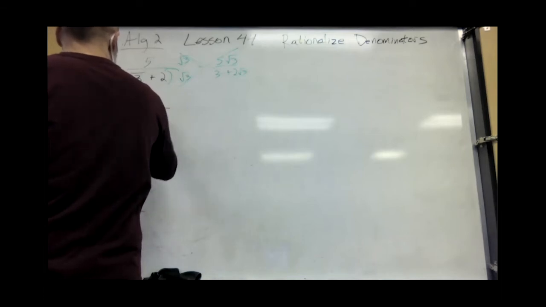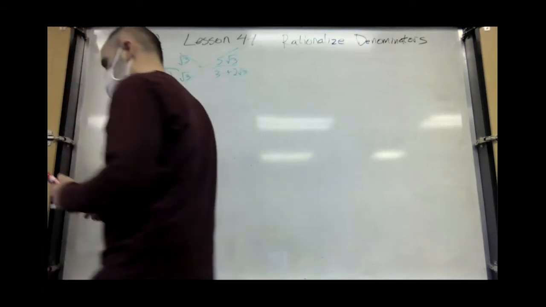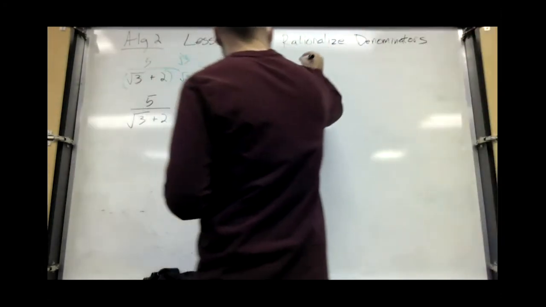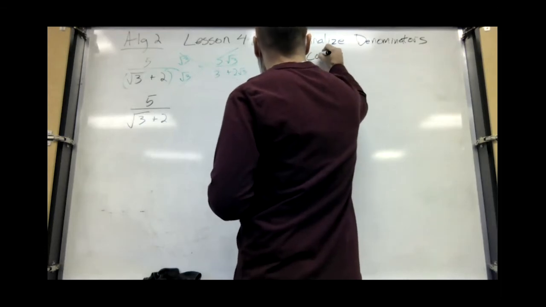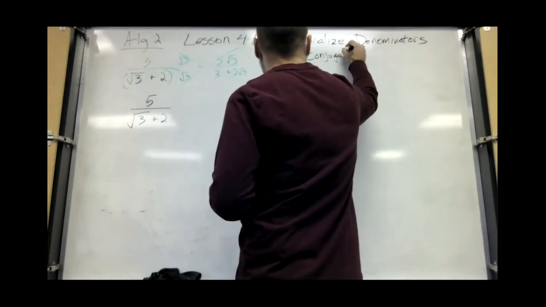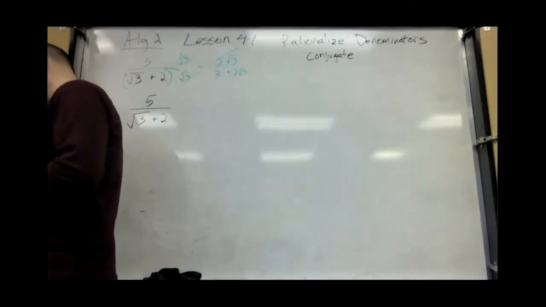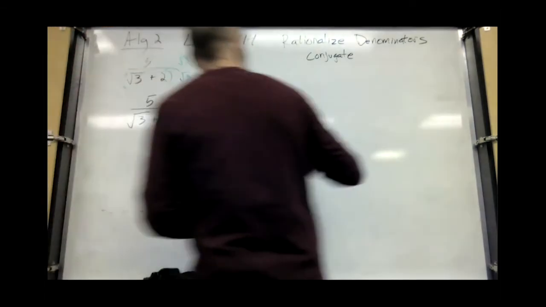So I'm going to introduce, not a new word because you would have learned this in Algebra 1, but these are conjugates. So a conjugate of a radical expression, or something like this.